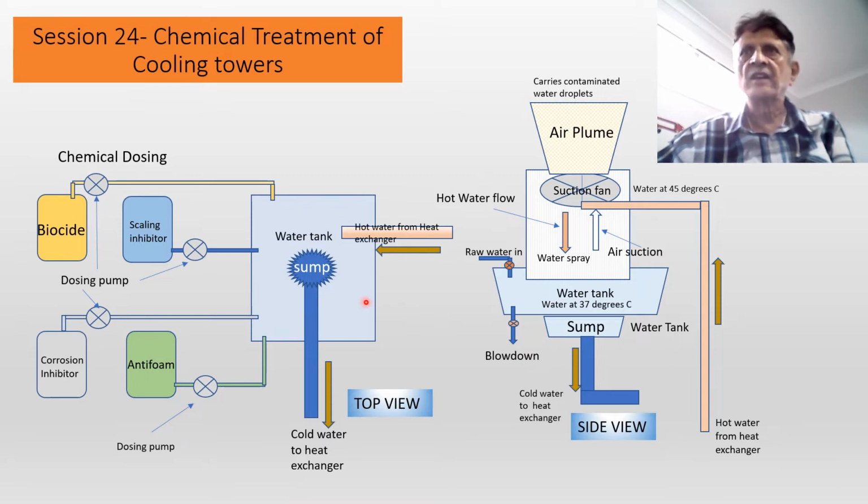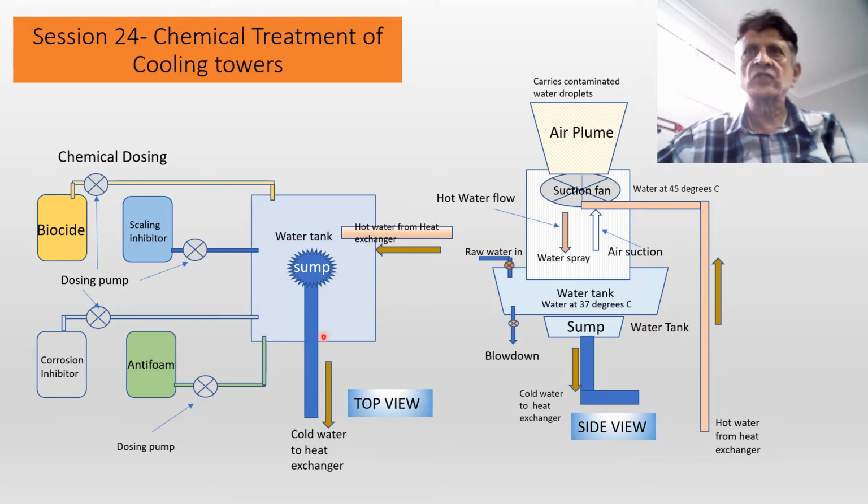We have the water tank, the cooling tower, where the cooling tower is sited, and you have a sump. The water is sucked through the sump and goes to the heat exchanger. This water is cold, at a temperature of around 35 to 37 degrees centigrade.